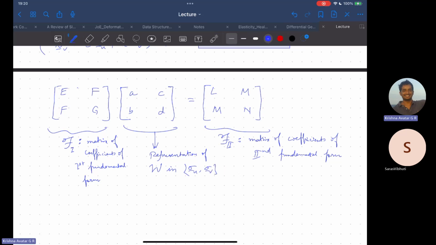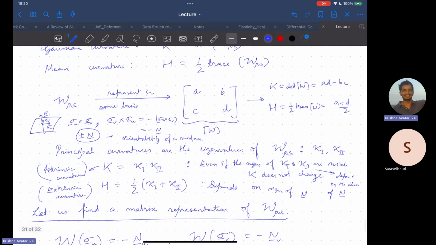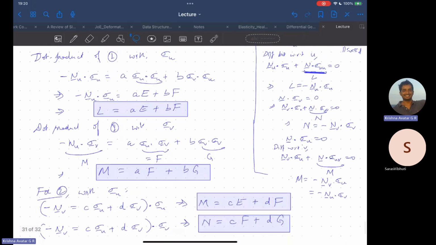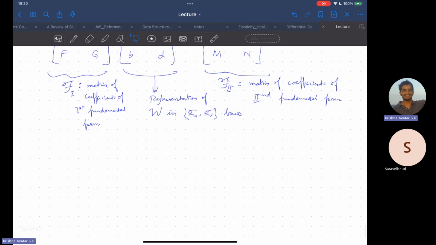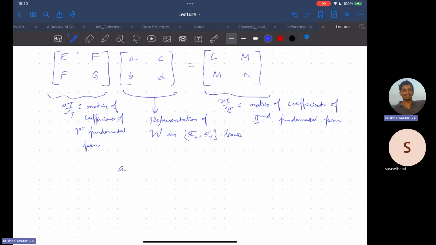Because we said that all we want is to represent W in some basis. Since we have liberty to choose the basis, we have chosen the most convenient one, which is the sigma u, sigma v basis.